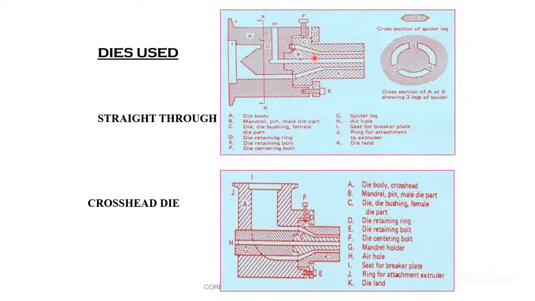If you see now here, the spider leg, I told you, this spider leg here, friend. Through this, we are drilling the hole. See this spider. There are 1, 2, and 3 spider legs, and this portion is completely vacant. This is the passage to pass the material, the molten mass.